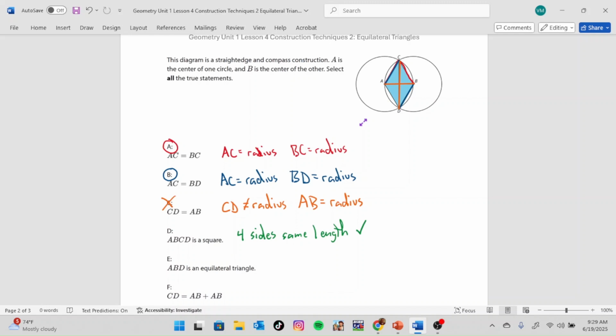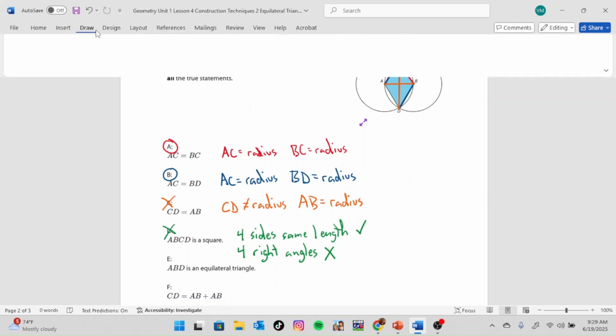That is true. However, the other thing that it needs is four right angles. And this does not have four right angles. Since that part's not true, this is not a square.